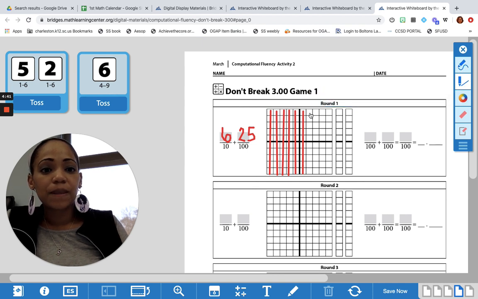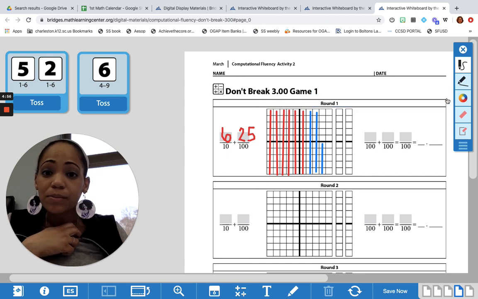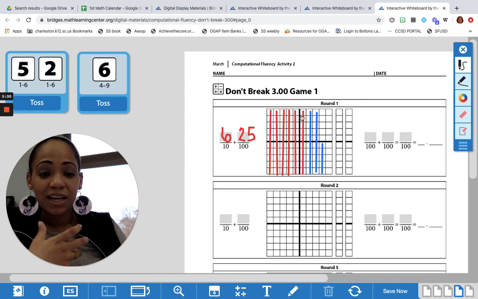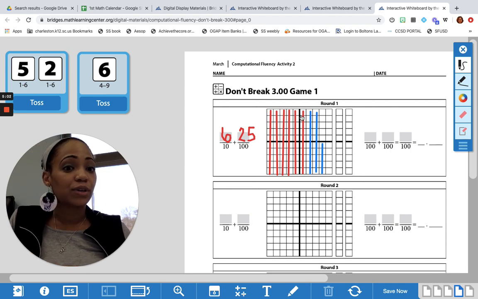Maybe blue. So here's 10 hundredths, here's 20 hundredths, and then 25. So what is my total? First of all, I need to create an equivalent fraction for tenths and hundredths. Remember, we did that the other day. So 6/10 is worth how many hundredths? Or 6 dimes you can think about.